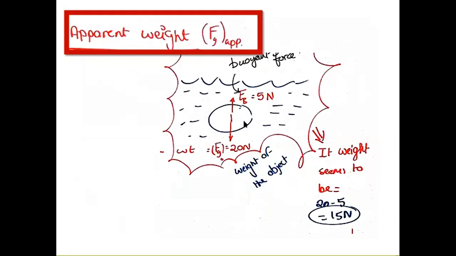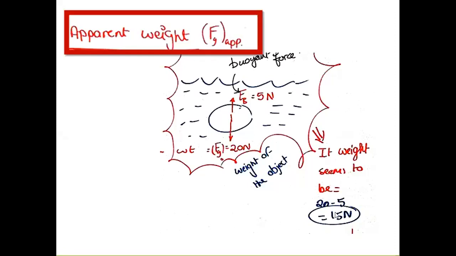If I ask you, its real weight was 20, but the buoyant force is 5 in the opposite direction, so they are different forces, and it's 20 minus 5, which is 15 newtons. Excellent.